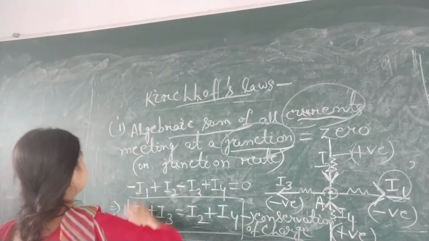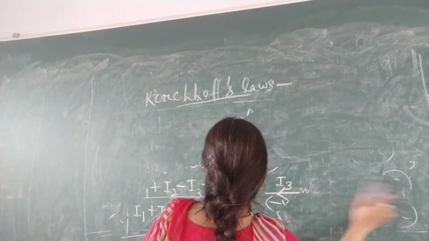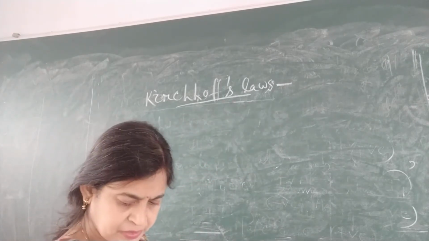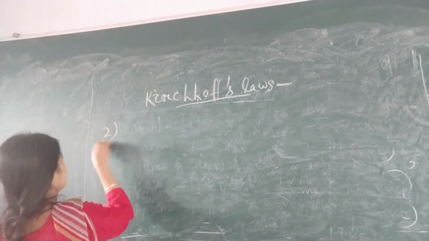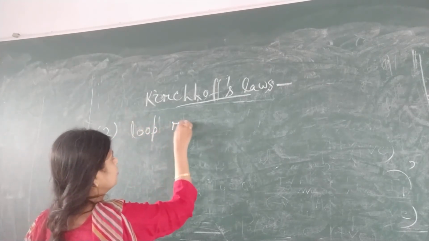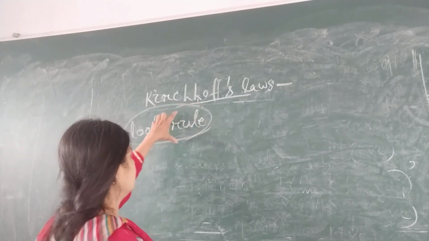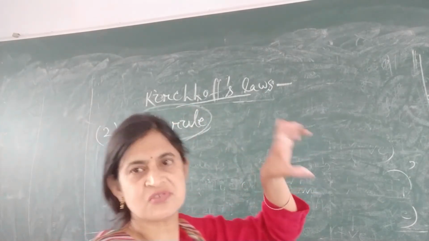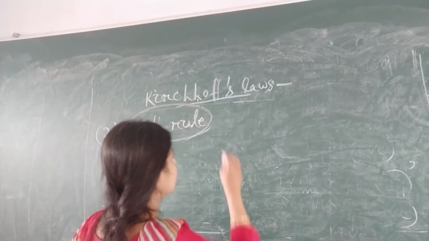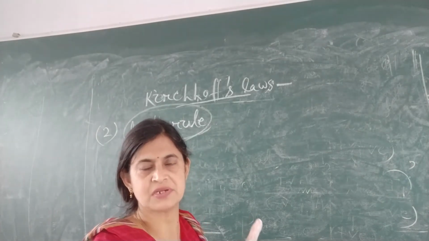Now, come to the second law. The second law is also called the loop rule. Loop rule means this law is applicable to a closed loop. So according to your second law, the algebraic sum of the changes in potential difference is equal to 0.